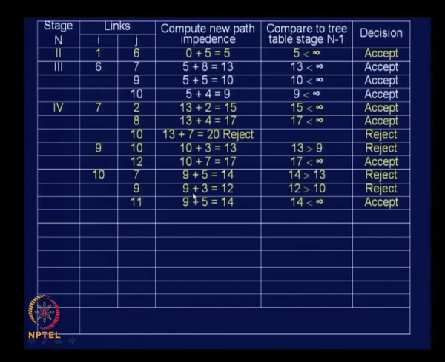And 10 to 9, 9 plus 3, 12, 12 is greater than 10, again we have to reject this, this is not lying in the shortest path. And 10 to 11, 9 plus 5, 14, to reach 11, 14 is the shortest time as of now, less than infinity, we are accepting. All the rejected links will not appear in your minimum path tree, that is the point to be understood. Is that clear?